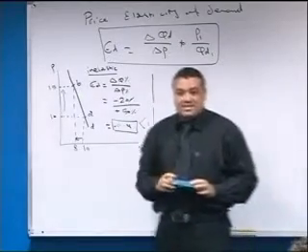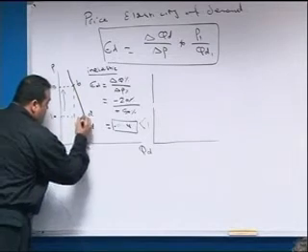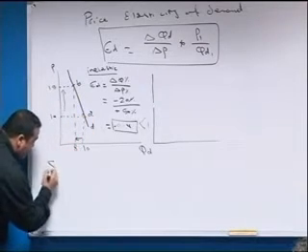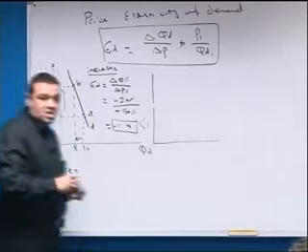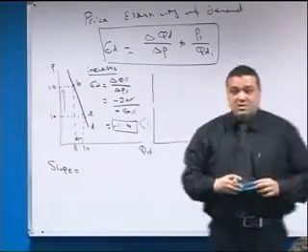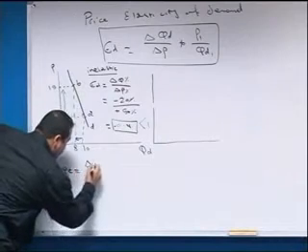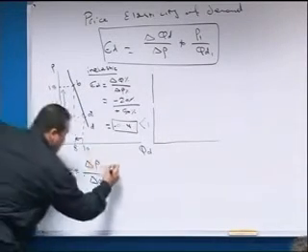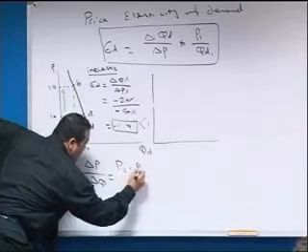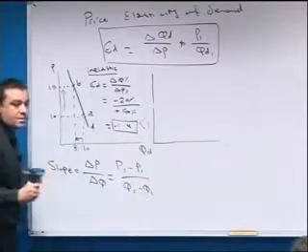Let's come back to the slope. The slope of the demand curve equals delta P, the change in the price, over the change in the quantity demanded, delta Q, equals P2 minus P1 over Q2 minus Q1, right?